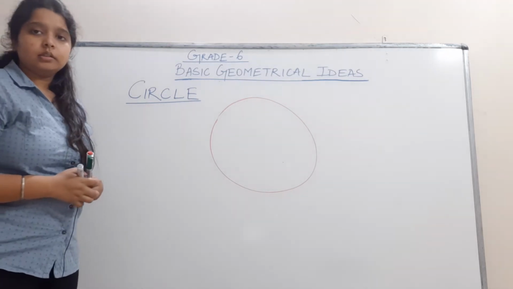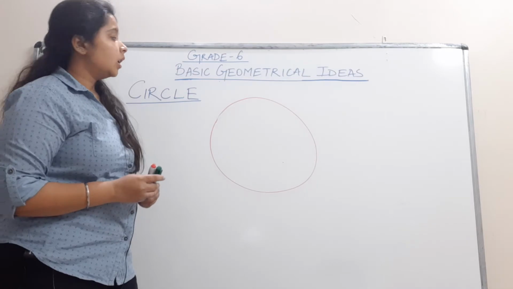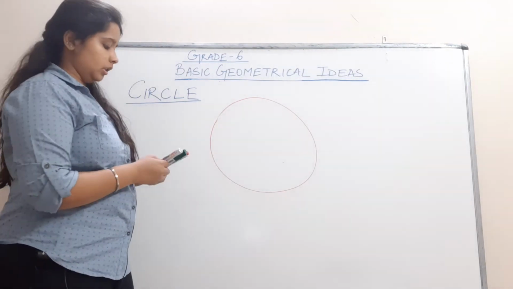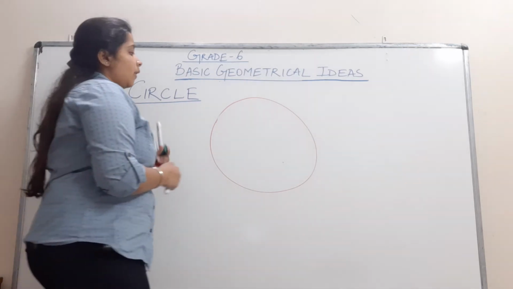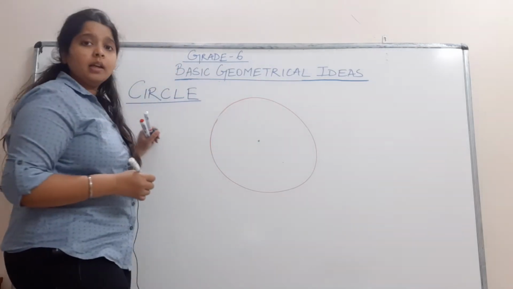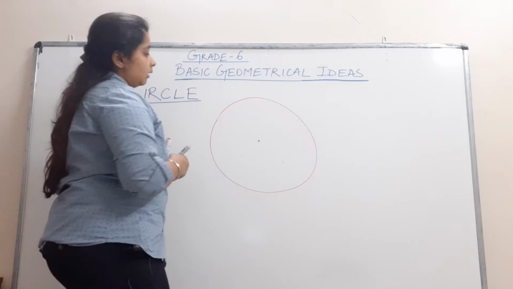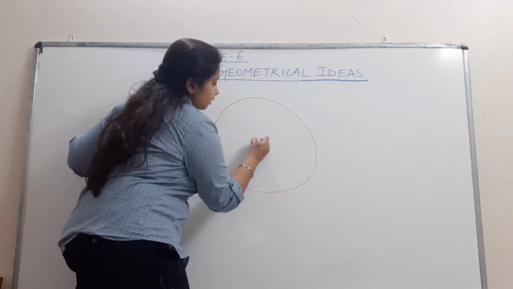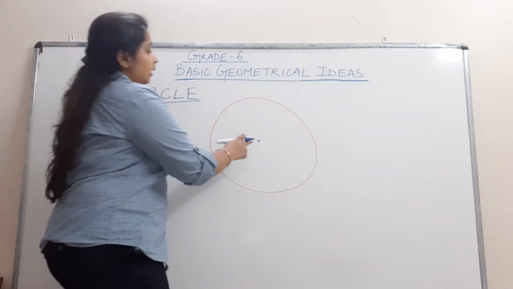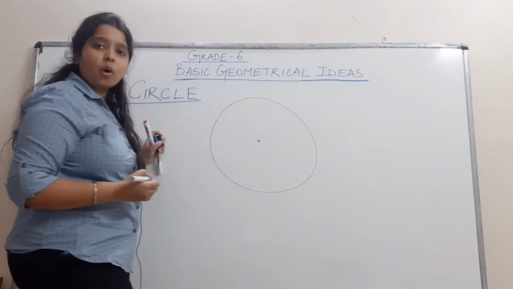What is a circle? A circle is a simple closed figure, okay, each point of this circle is equidistant from a fixed point on the plane. If you are not able to see, imagine a fixed point is there, and each point on this circle is equidistant from this point.